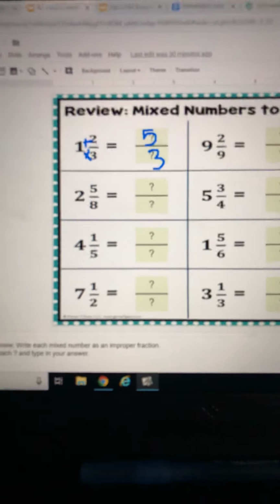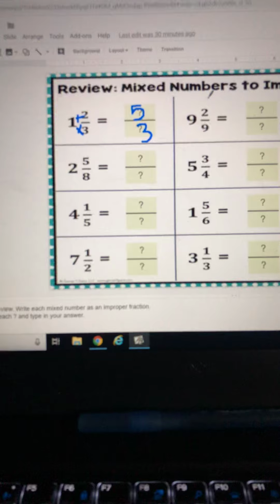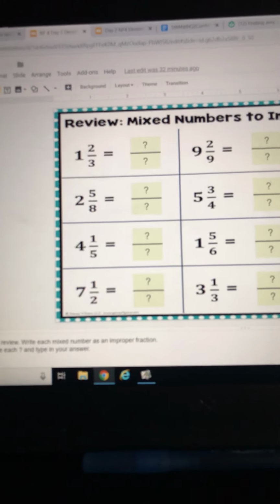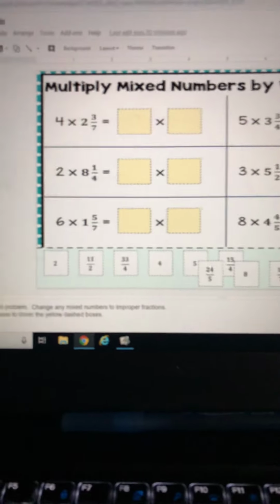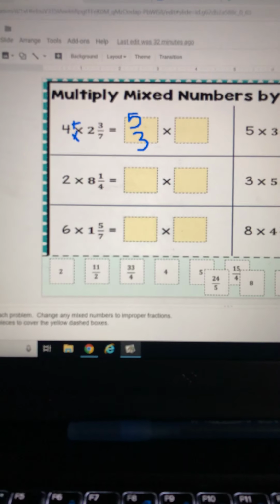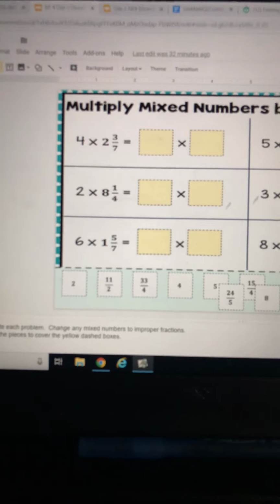So therefore, my numerator is 5, and my denominator stays 3. That's what you'll do for this slide, and there's a slide towards the end that is a review of that. So you will also do that there. Then you will start to multiply with mixed numbers, and you can do it. So therefore, that review is great for you.